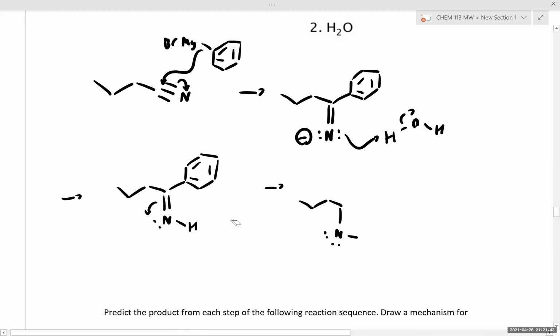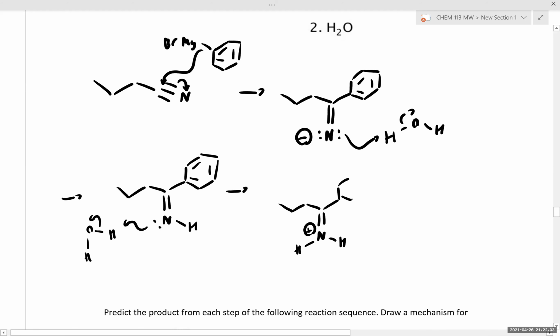I think I'm going to show a protonation step first to get a more plausible intermediate. You can show the attack directly, but I think it's far more plausible for us to protonate the imine first, because now it's activated and really any nucleophile will do the trick.